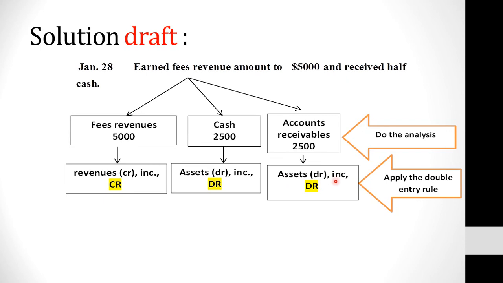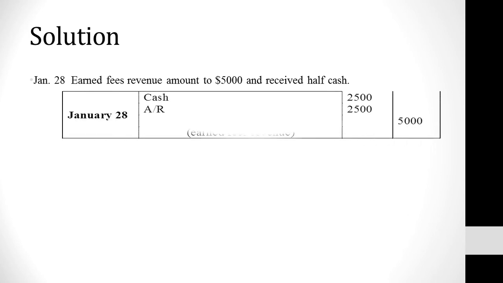It increased, so it's placed in the debit. So in the debit side we have cash and accounts receivable. In the credit side we only have revenues. How we write it and record it within the journal like so. Cash in the debit for 2,500, accounts receivable in the debit for 2,500, and fees in the credit side for 5,000. The final output will be like this.